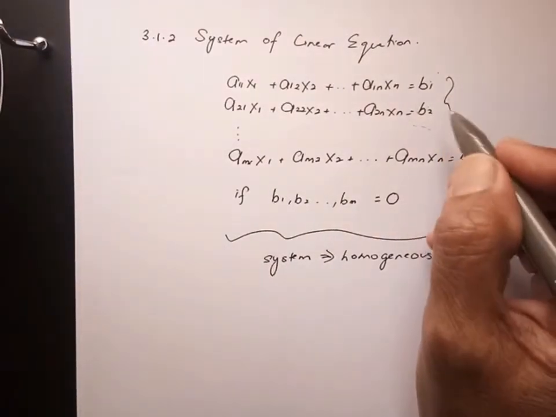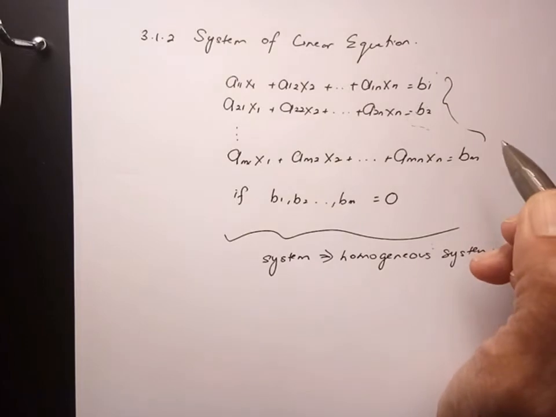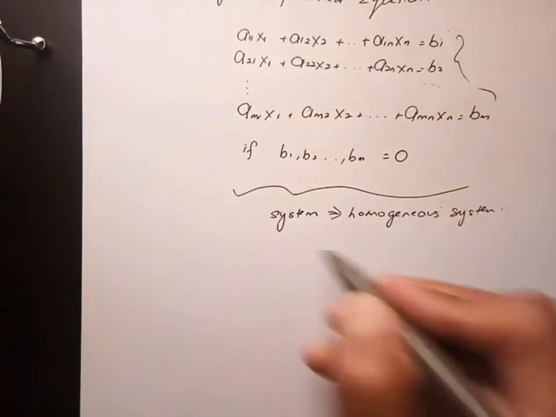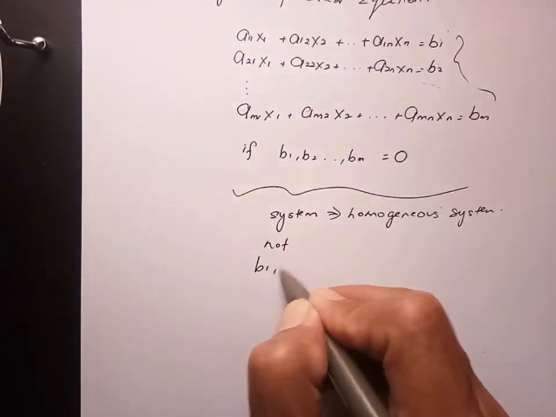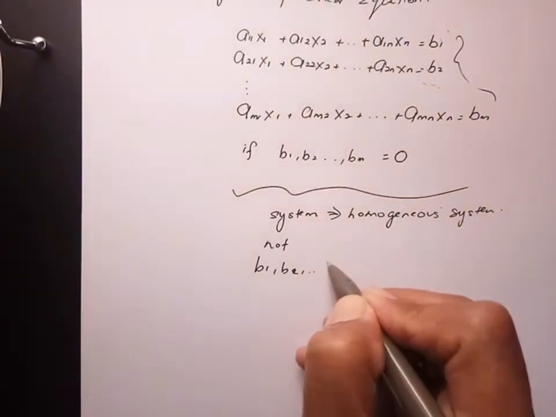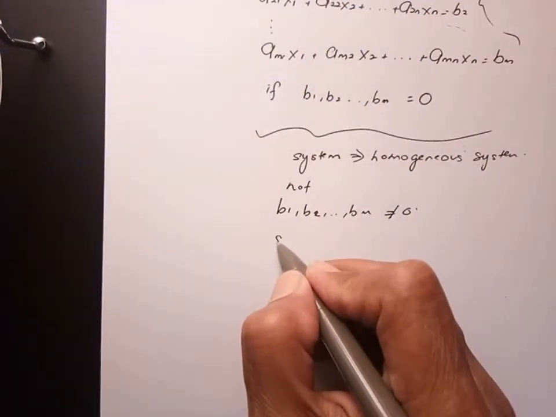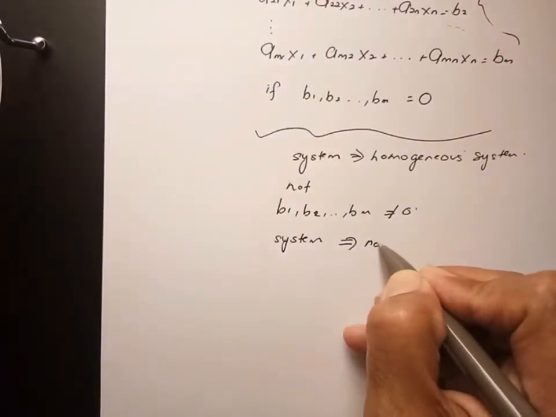Not every b1, b2, b3 is 0. Some of them can be 0, but all cannot be 0. So if they are not all 0, we call the system a non-homogeneous system.